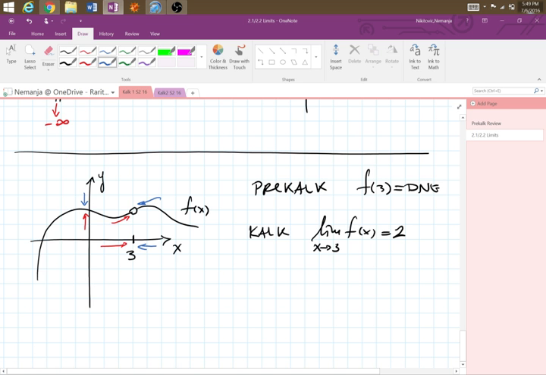I kind of don't like that the function ended up going through 2 there. So let's fix that so there's no confusion later. There we go. So this is it.